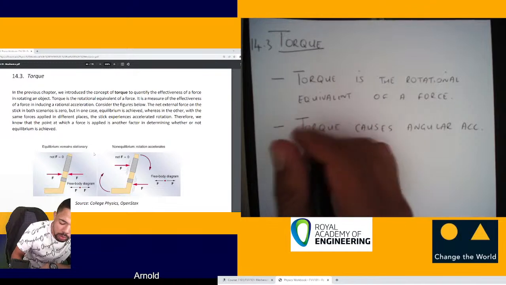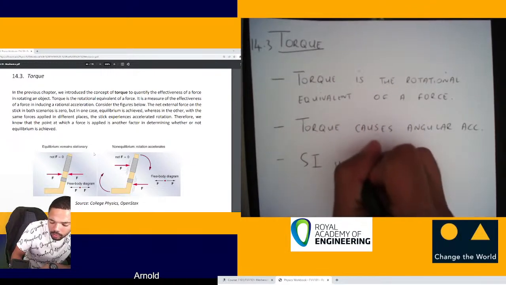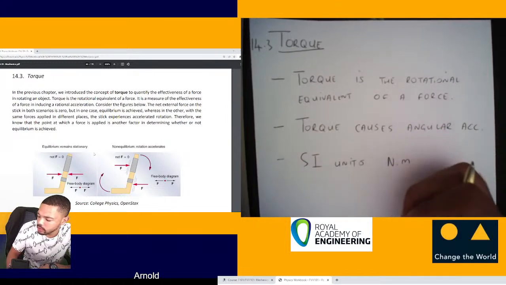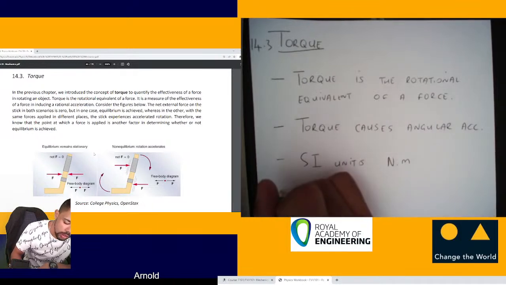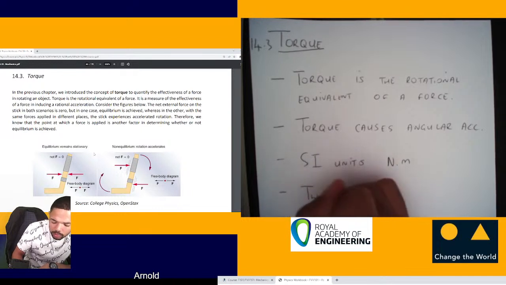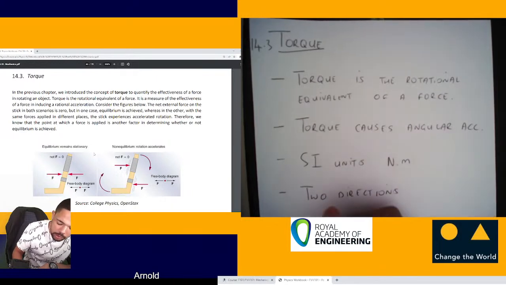Now, another thing about torque, the SI unit for torque is the Newton meter. And torque has two directions. It can be clockwise or it can be counterclockwise or anti-clockwise.